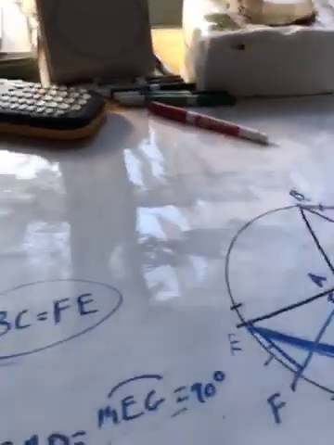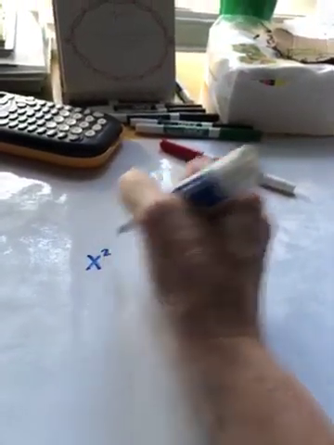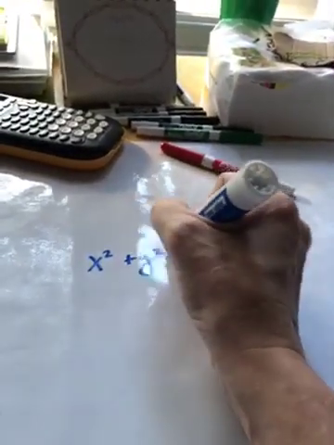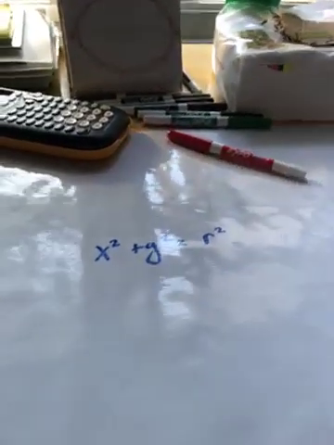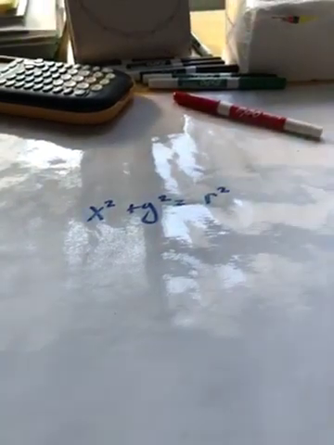For 5, 6, 7, and 8, we use the Pythagorean theorem. So you're going to identify your X, your Y, and your R. When we're with circles, we're going to talk about X, Y, and R for pre-calc.